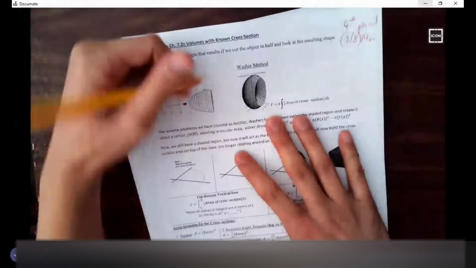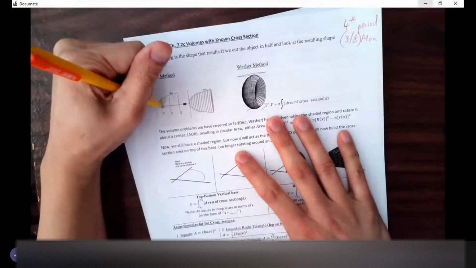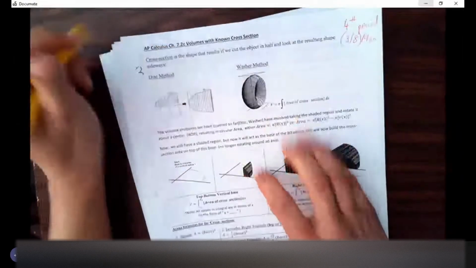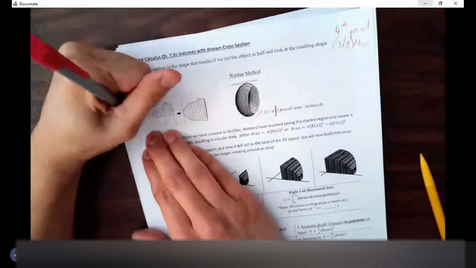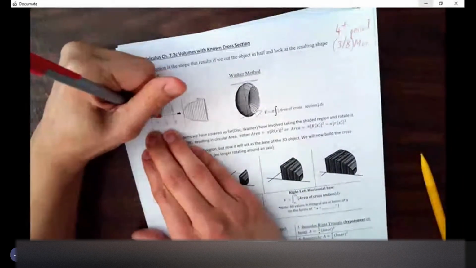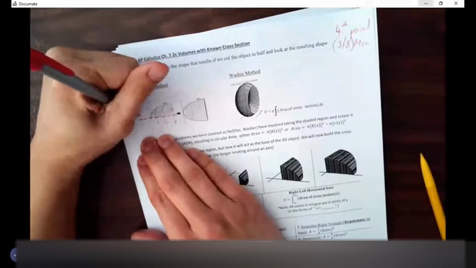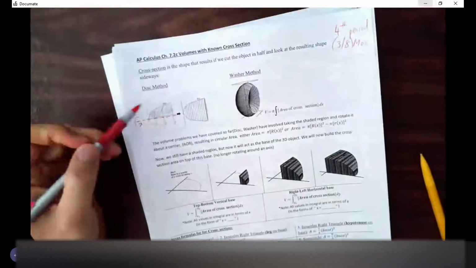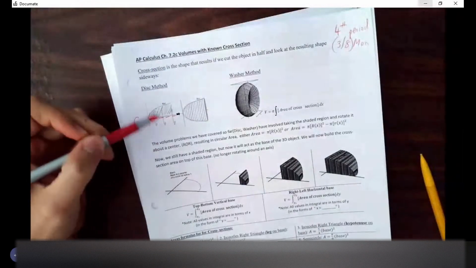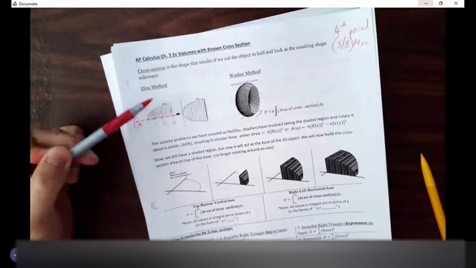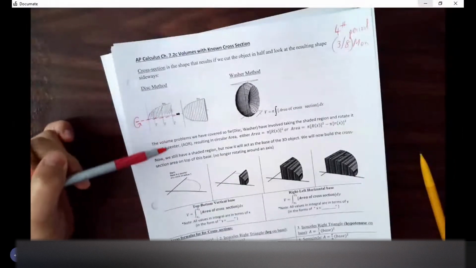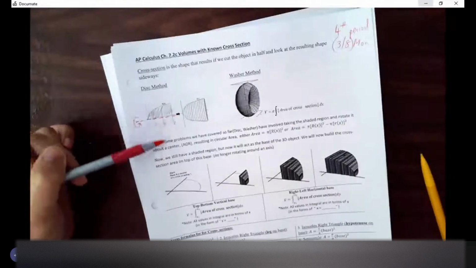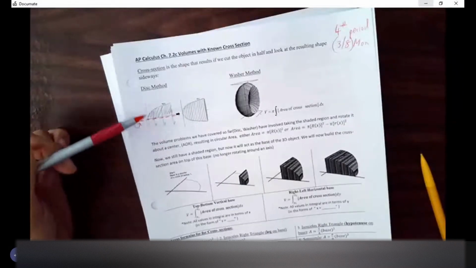So with disk method, we know that we always start off with some shaded region, right? So let's say we have some shaded region here. We're rotating that region around the x-axis. And with that rotation, we know that there's going to be a circle involvement, right? Anytime we're rotating anything 360 degrees, there's always going to be a circular element to our object.